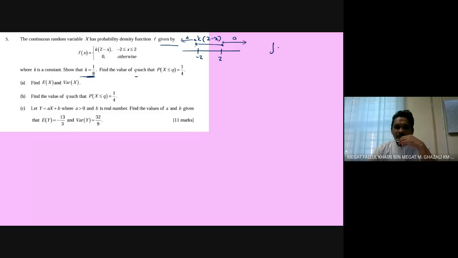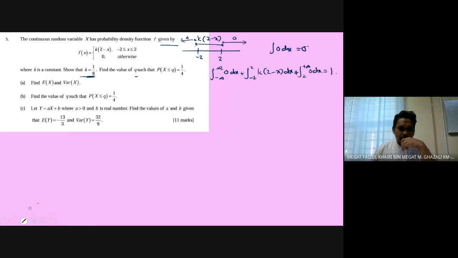As we know, the integral of 0 dx equal to 0. So actually the integral from negative infinity until -2 of 0 dx, plus the integral from -2 until 2 of k(2 minus x) dx, plus the integral from 2 to infinity of 0 dx equal to 1.